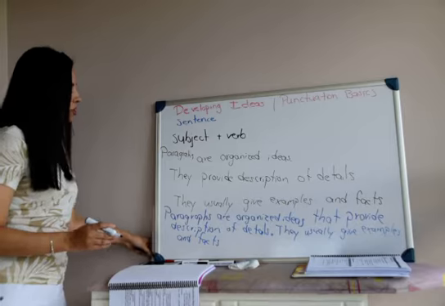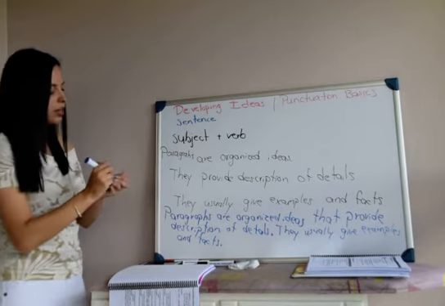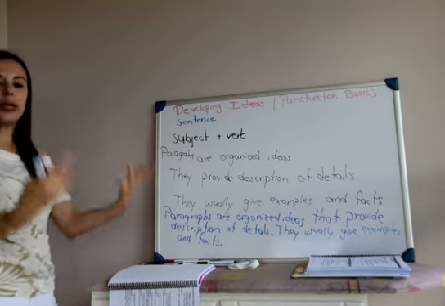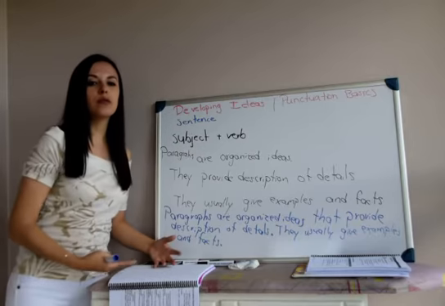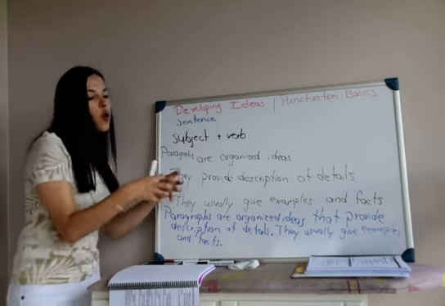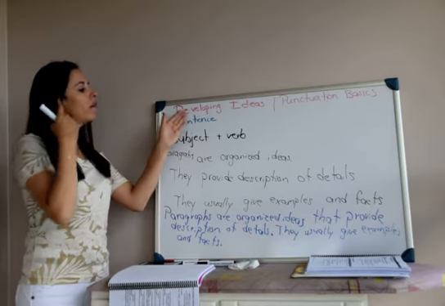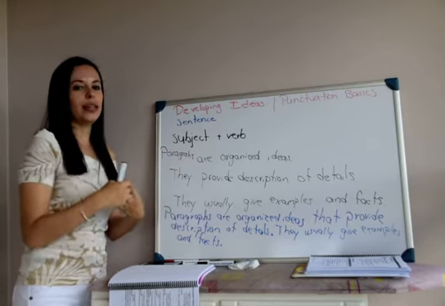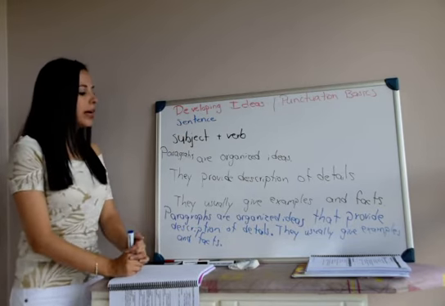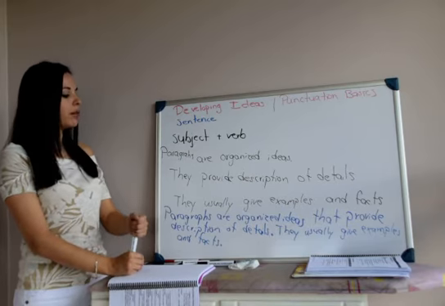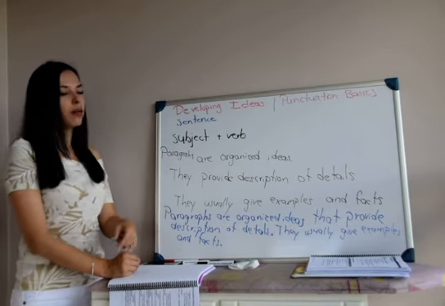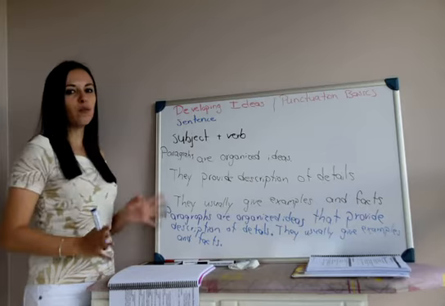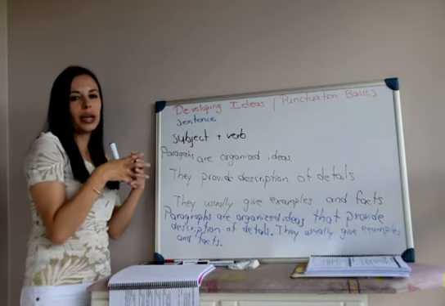Okay? So as you can see, instead of having three different sentences, three different ideas which are related to the same topic, we join those ideas. We develop our ideas joining sentences. So paragraphs are organized ideas that provide description of details. They usually give examples and facts, and then we can continue adding more details, but in this organized way.